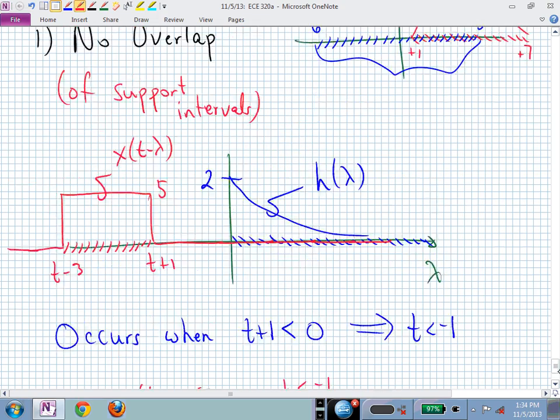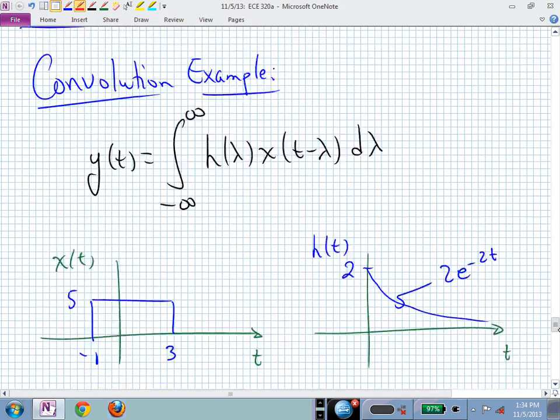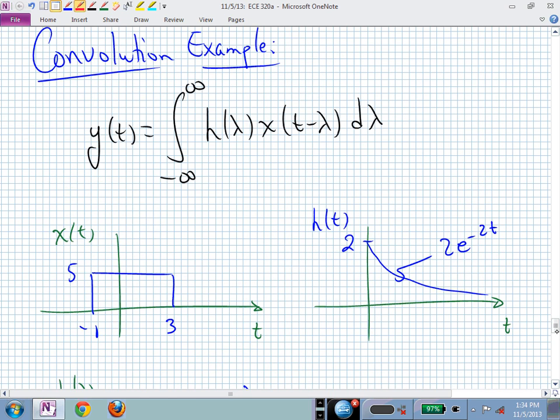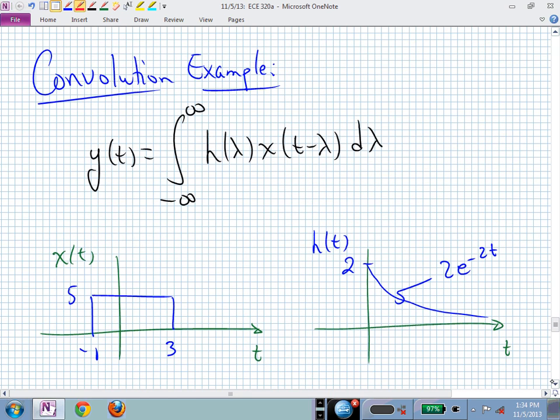If we go all the way back to our original problem, my system says if you apply an impulse at time 0, this is what you're going to see. So I'm going to jump and then decay, right? That's what happens with an impulse at 0. But when is my system actually being excited? According to x of t, I start exciting this system at t equal -1, don't I?